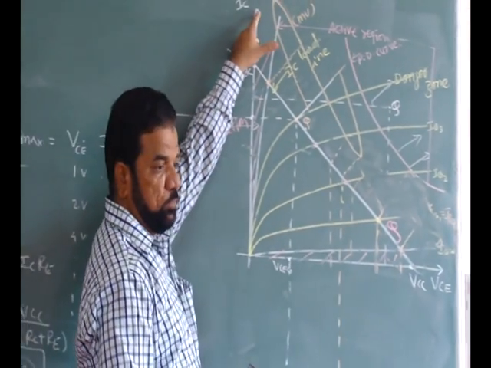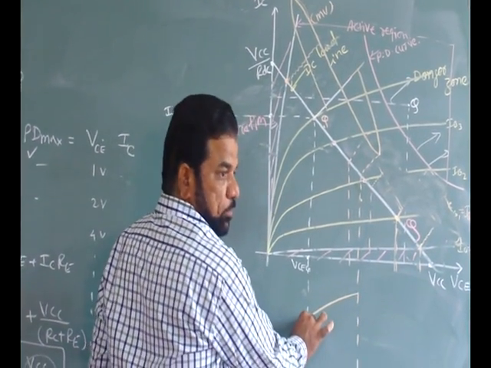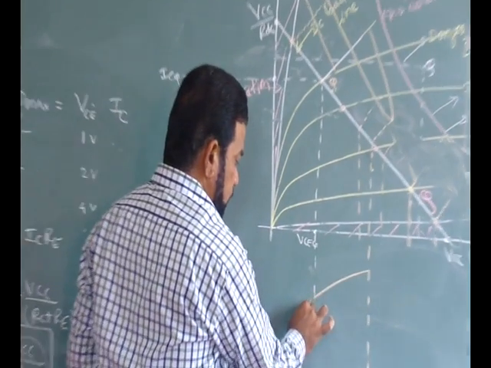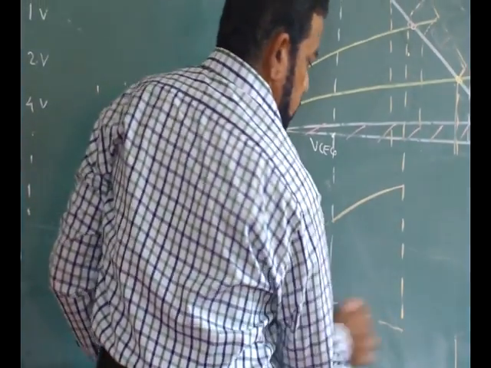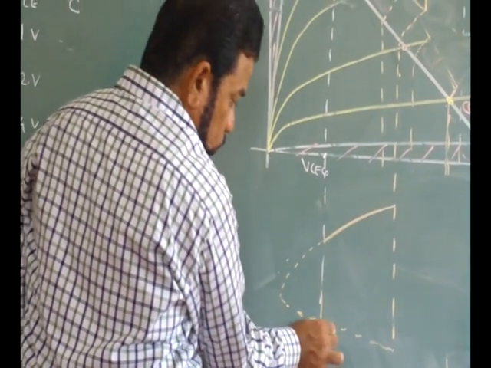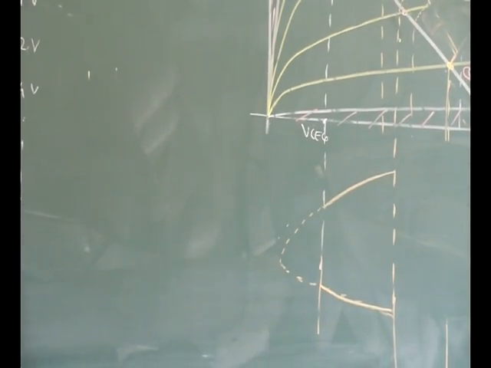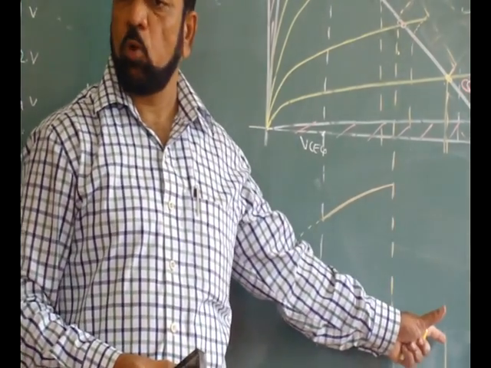That means if some portion goes in saturation, so whatever your output is there, output तो मिलेगा तुम्हें यहाँ तक. इसके आगे वाला जो है, so this portion goes in saturation. That's why your output is like this. What about the next part? This portion, no problem.